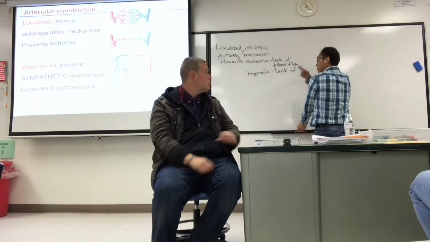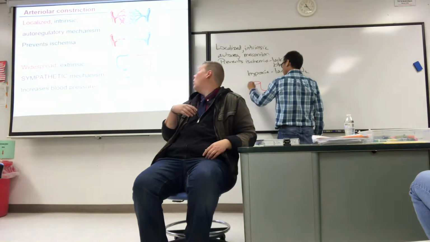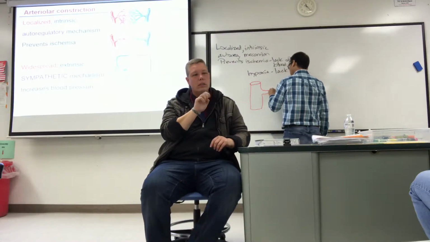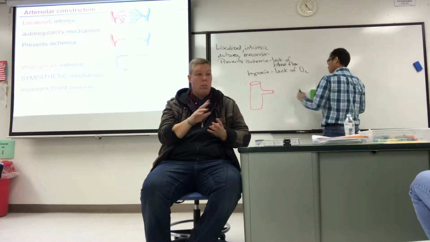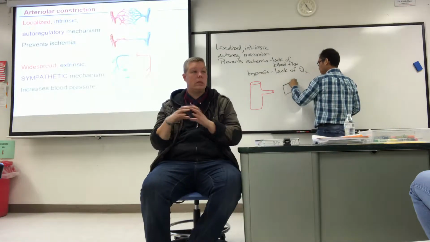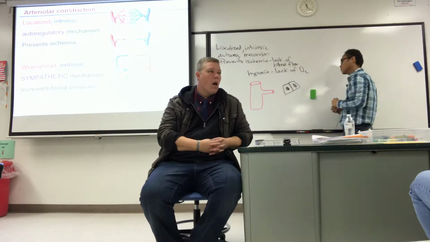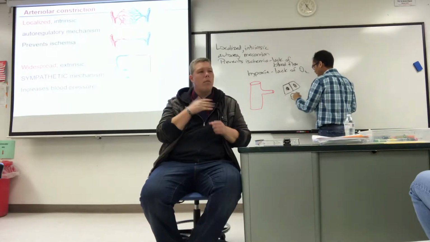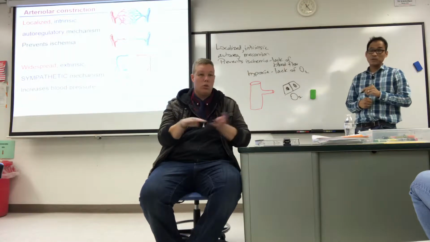So for example, that picture I showed you, if you have an artery giving rise to a small arteriole, I'll just kind of draw the arteriole part, and it's supplying blood to cells. If there's plenty of O2, you can't have blood flow to all capillary beds at all times. There's only 5 liters that you're circulating.